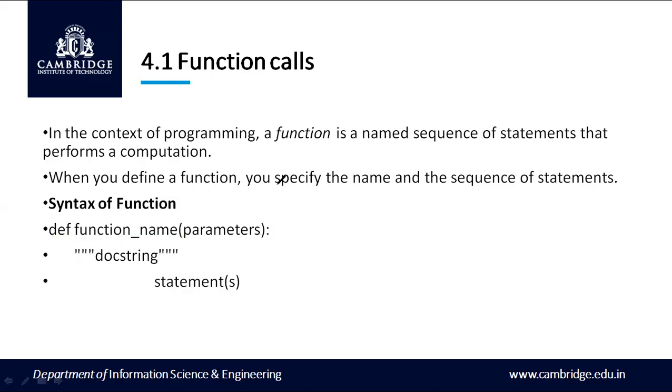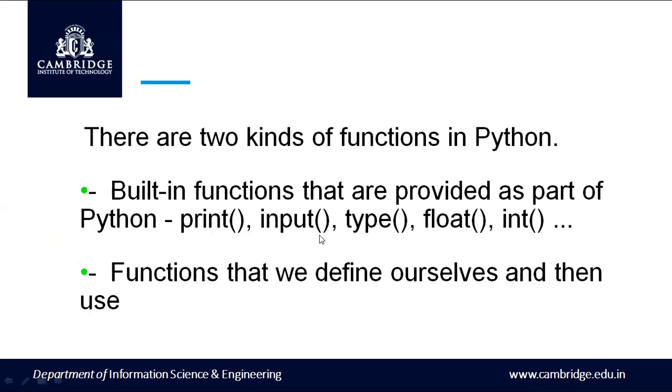So what are we supposed to use? We are supposed to use the keyword def followed by a space and the function name, and within the parentheses the parameters to be passed, ended by a colon. That is the syntax of the basic function. We have two different types of functions: the built-in function and the user-defined function.